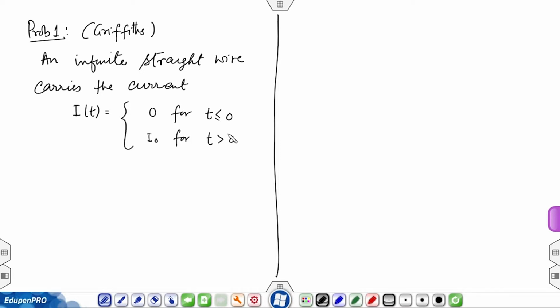Griffiths calculates the retarded potential and then calculates the fields from this.